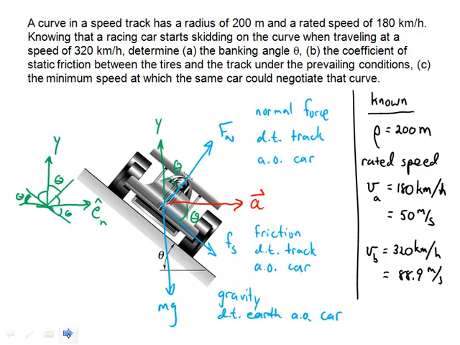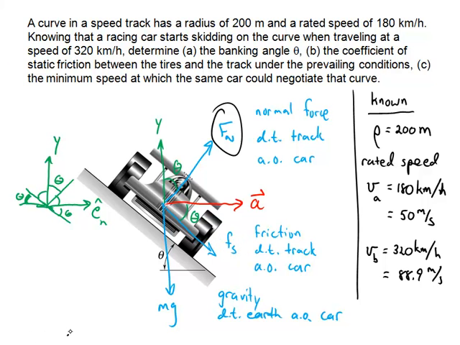So we'll start off with the y direction. We can see that the normal force and the static frictional force both have y components. In the case of the normal force, it's up in this direction. In the case of the static frictional force, it's down. This up in the y direction for the normal force is adjacent to theta, so that's going to be the cosine. And opposite of theta is the y component of the static frictional force, so that's going to be the sine of theta.